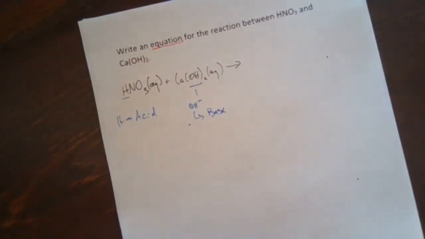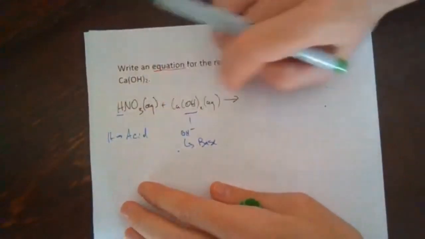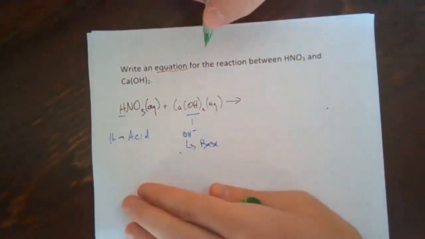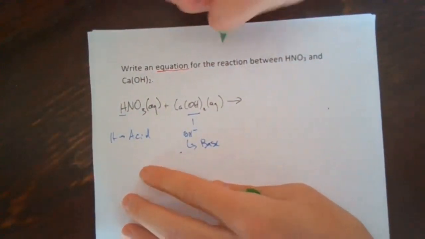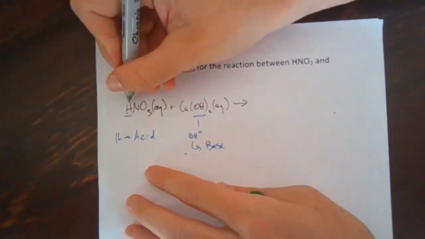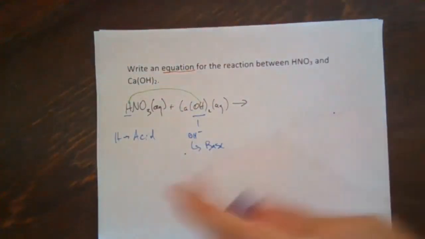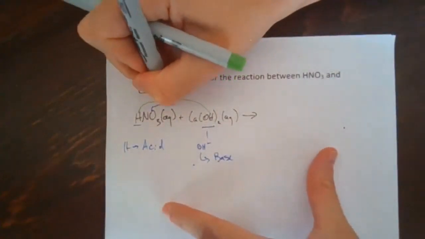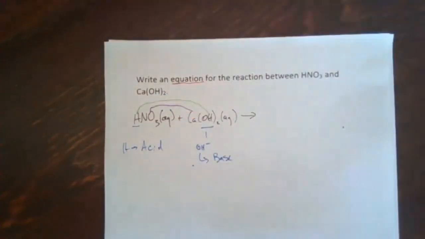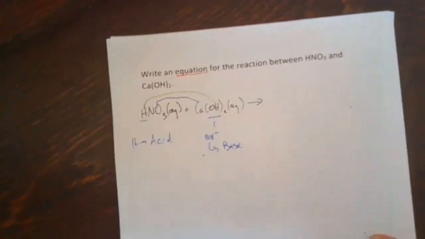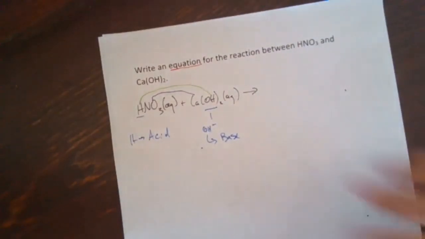This is an acid-base reaction, called neutralization. What that means is we're going to do a double displacement type idea. H is going to go with OH, and the NO3 is going to go with the Ca. So we're going to write that out.